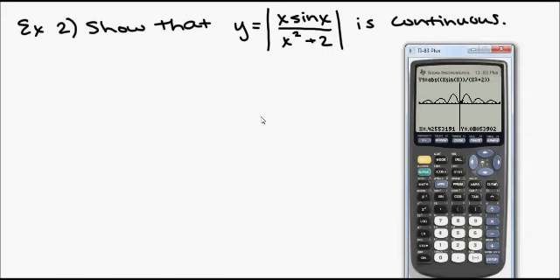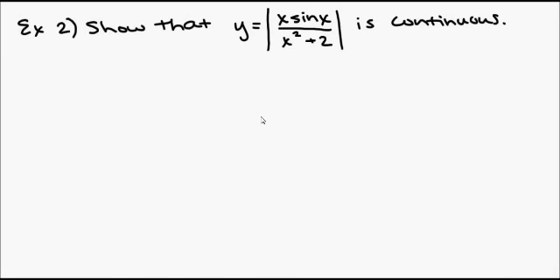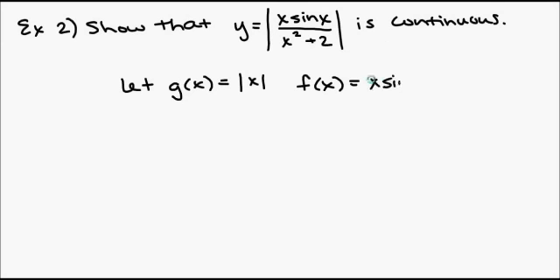That looks pretty good. But let's look at this a different way, so not by graphing. So let's say g of x is equal to the absolute value of x, so that's this outside function. And f of x is equal to x times sine x over x squared plus 2.